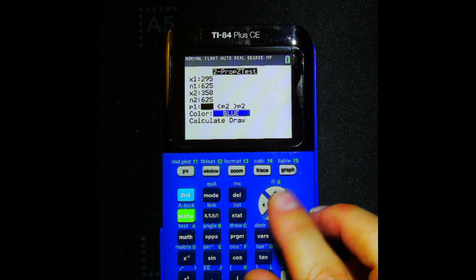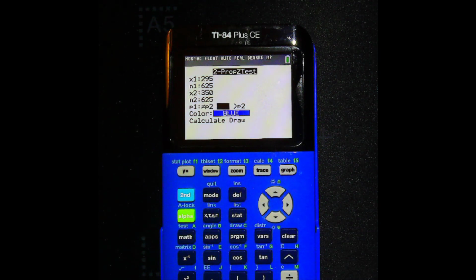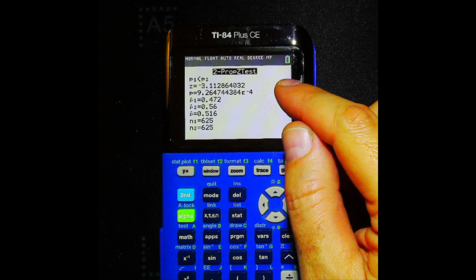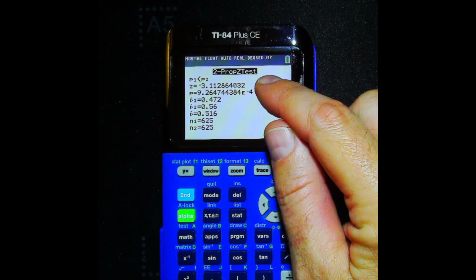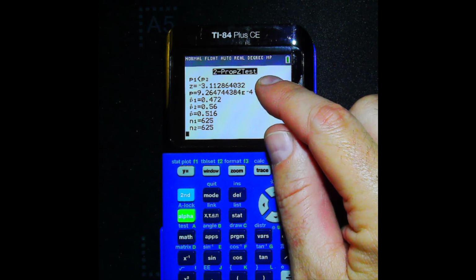We're testing to see if P1 is less than P2. The statistic, the z-score that we get is negative 3.11, just as before.